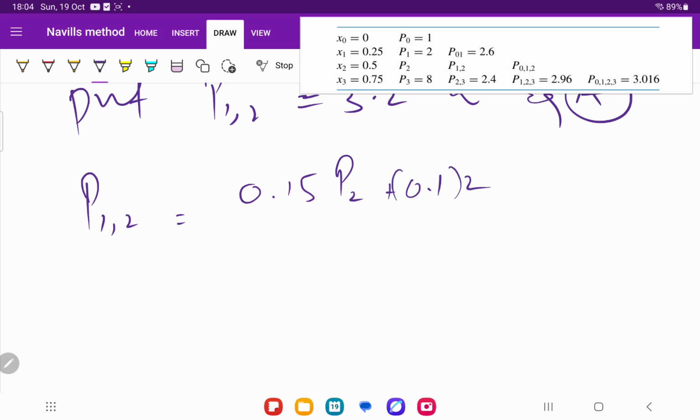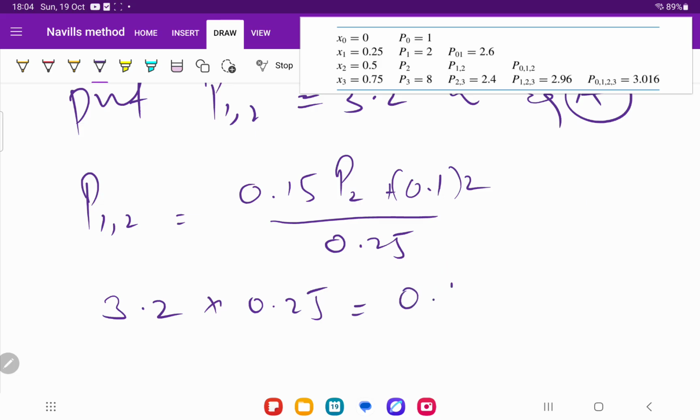So 10% of 2 is 0.2, and divided by 0.25. So P12 is 3.2 multiplied by 0.25 equal to 0.15 P2.